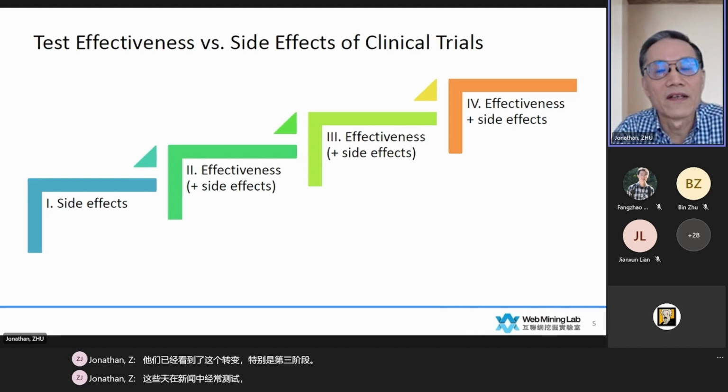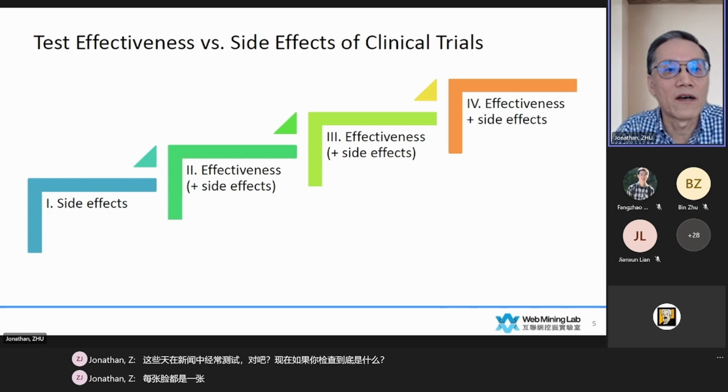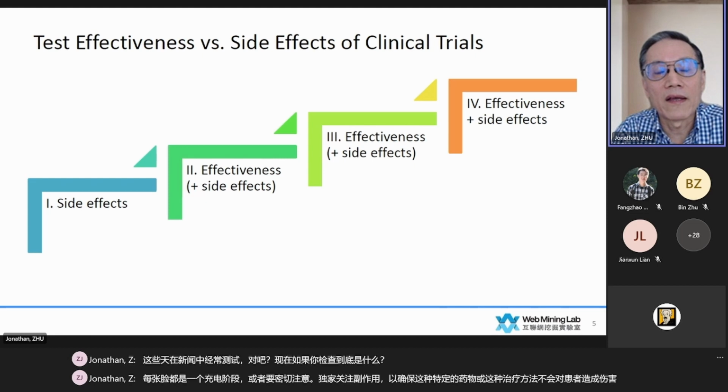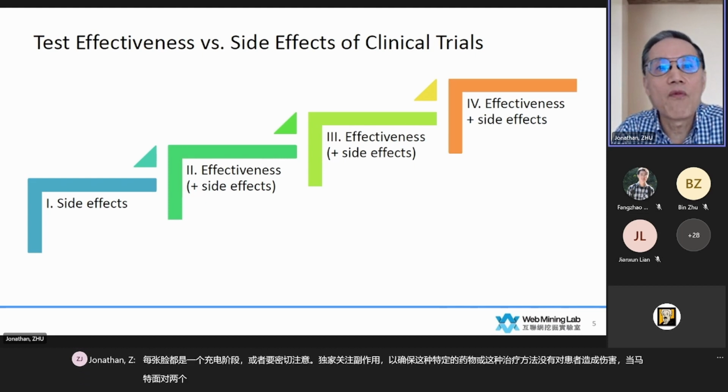Now, if you check what exactly each phase is charged for, phase 1 will pay close, exclusive attention to side effects to make sure that this particular medicine or treatment method doesn't do harm to patients, right? Then phases 2 and 3 focus more on effectiveness than side effects.